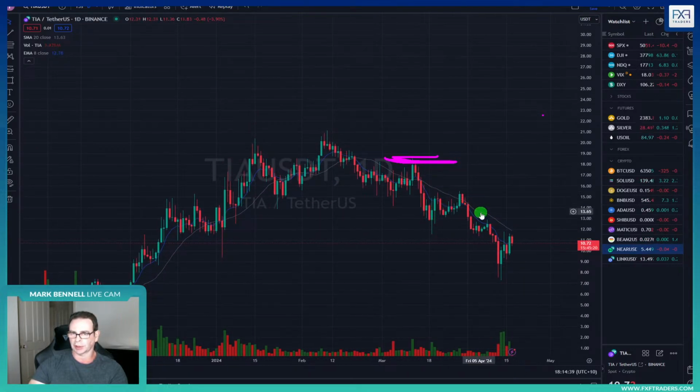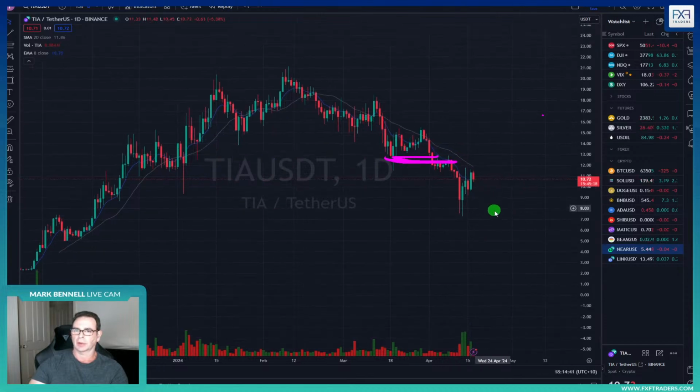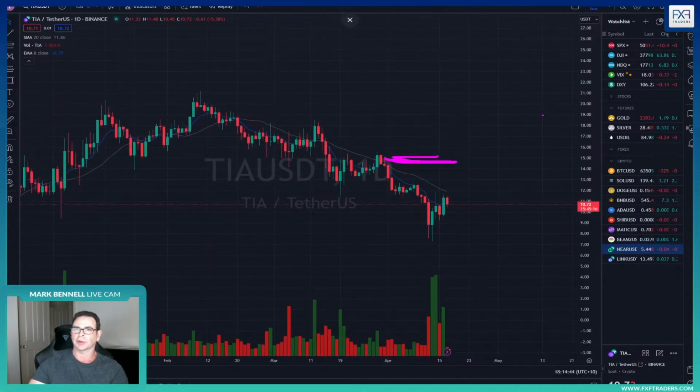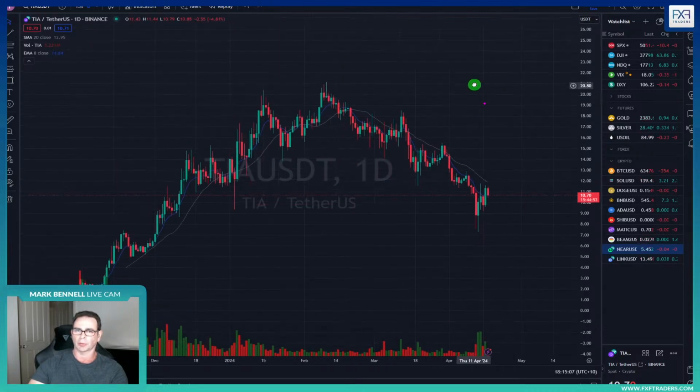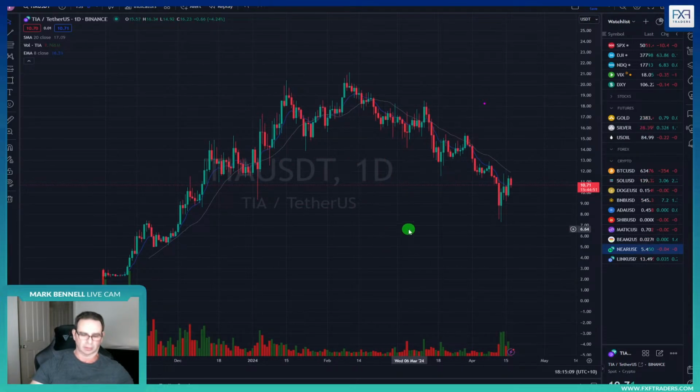And then they turn into correctives. Just be careful trying to go short on these. This is okay. See, it's not climactic. There's your classic ABC. This climactic one though has a tendency then to reverse. But if these fail and they start to drop, look for shorts through there. I know probably not a lot of people would be shorting cryptos.